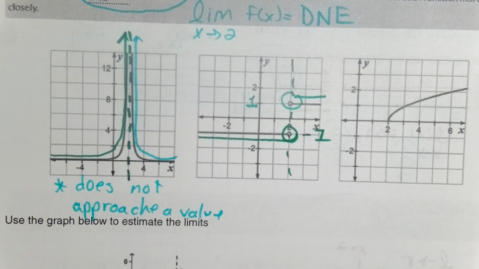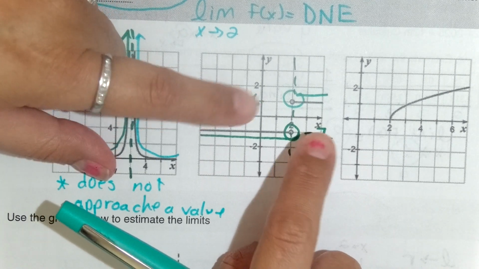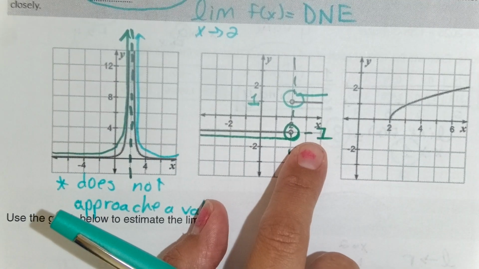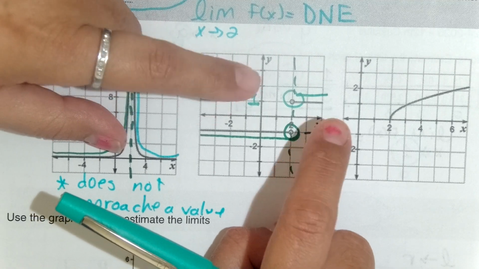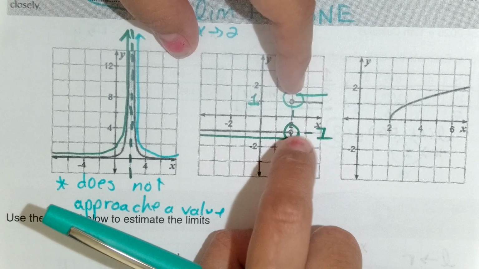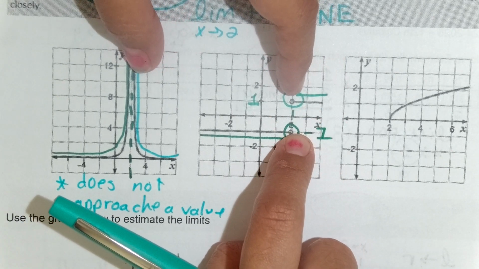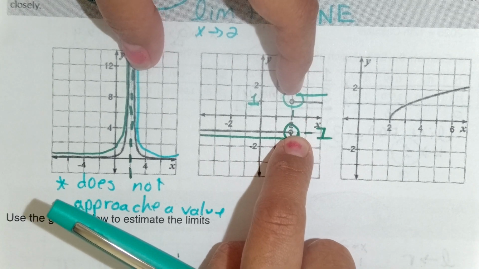Did I circle the same number? Are these even the same number? No. Because these are not the same number, there is a jump here. That is why this does not exist.